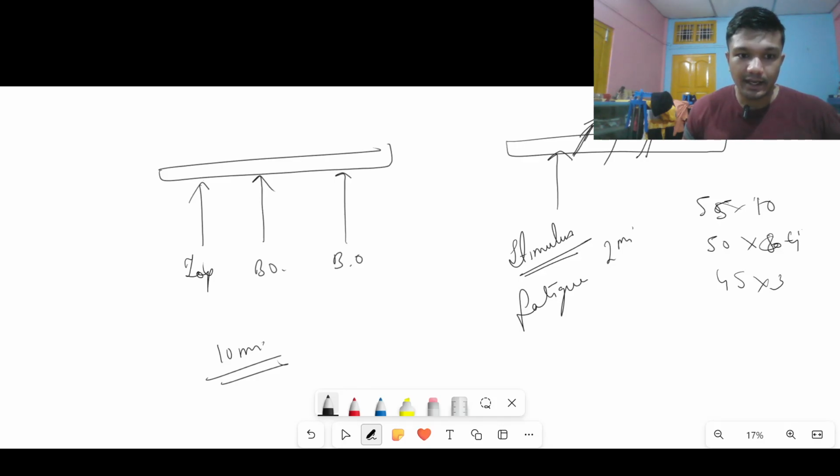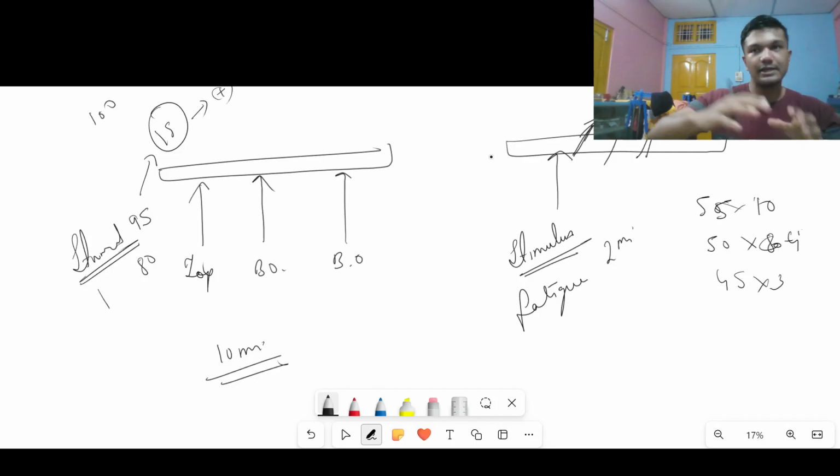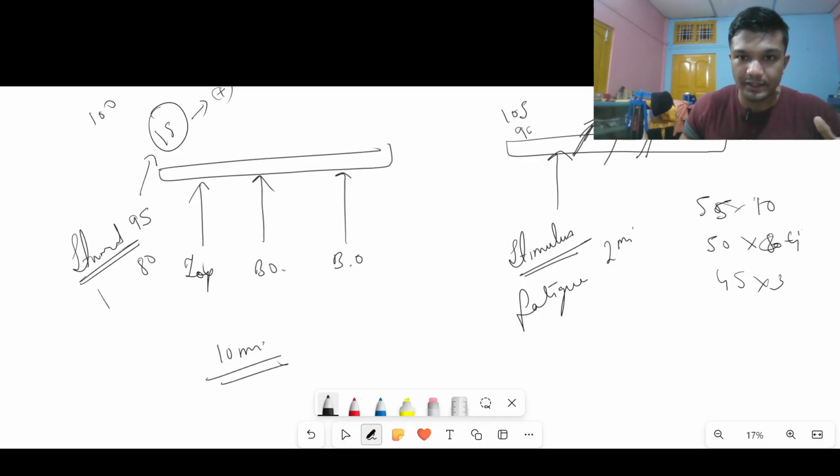So here the stimulus is there. Let's say the highest level of stimulus is 100, here we are stimulating by 95 and the fatigue cost may be 80, so we are getting 15 in our bank, that means 15 net benefit. But here the stimulus may be 105, but at the same time the risk is also going up, to 90, 95. So the net benefit may be the same or a little bit more, maybe it is 80, going to 85.